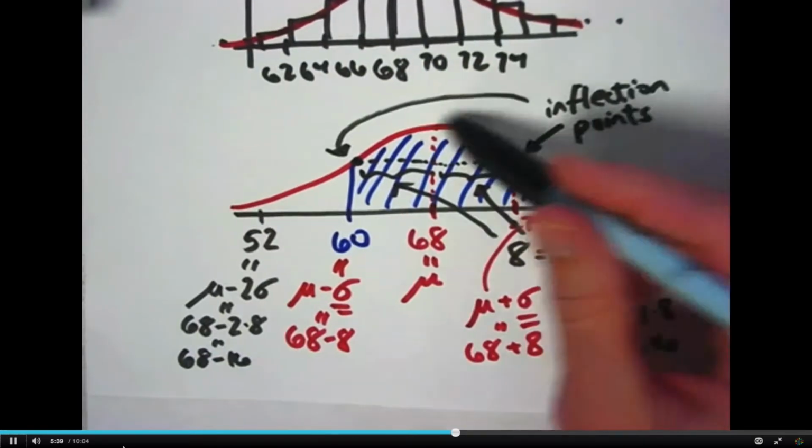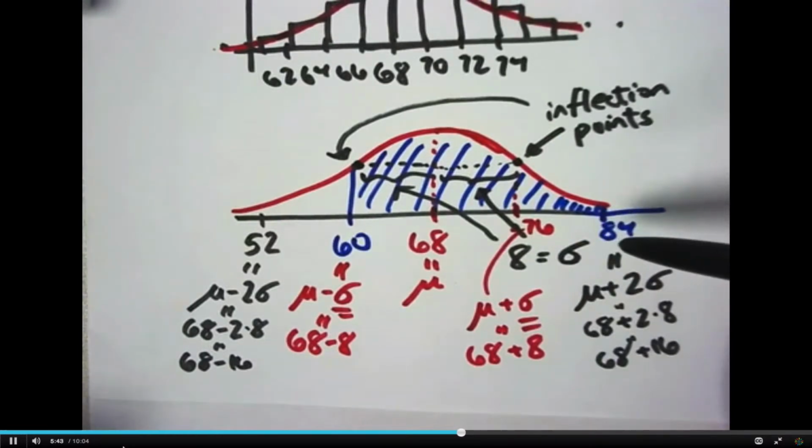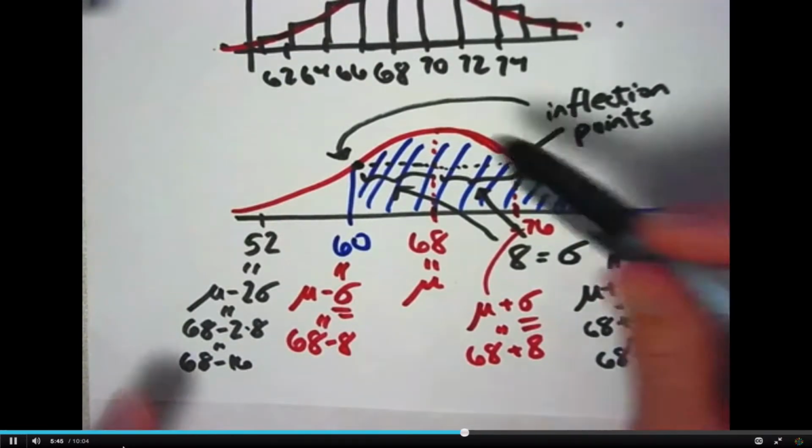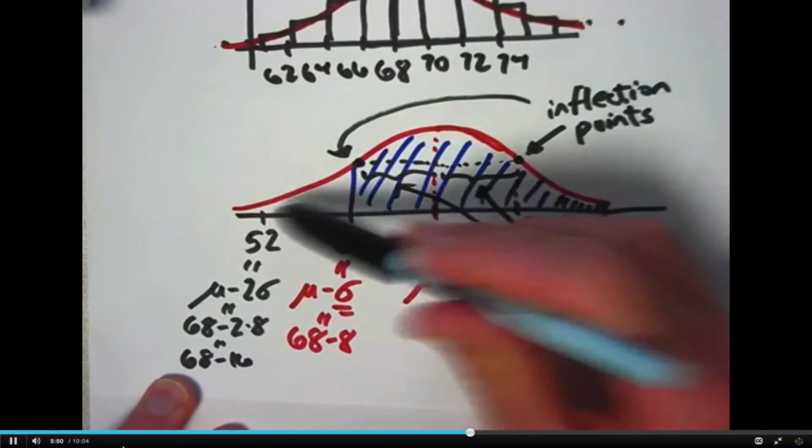And it turns out that with these normal curves, 95% of the area, 0.95 approximately, a little bit more, is within 2 standard deviations of the mean.